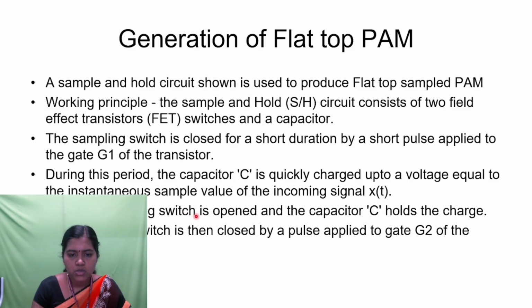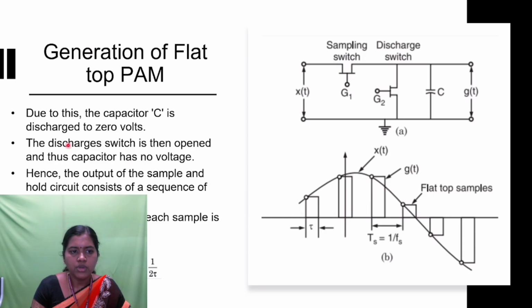Now the sampling switch is open and the capacitor holds the charge. The discharge switch is then closed by the pulse applied to gate 2 of the other transistor. Due to this, the capacitor C is discharged to 0 volt and the discharge switch is then open, and thus the capacitor has no voltage. Hence the output of the sample and hold circuit consists of a sequence of flat top samples.